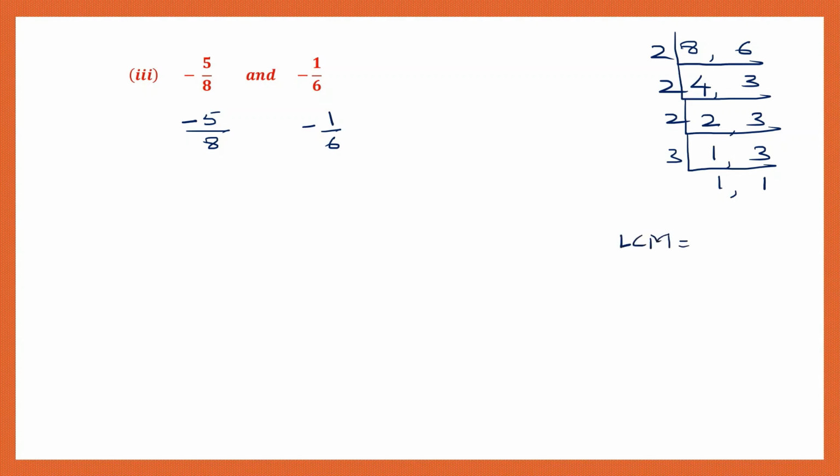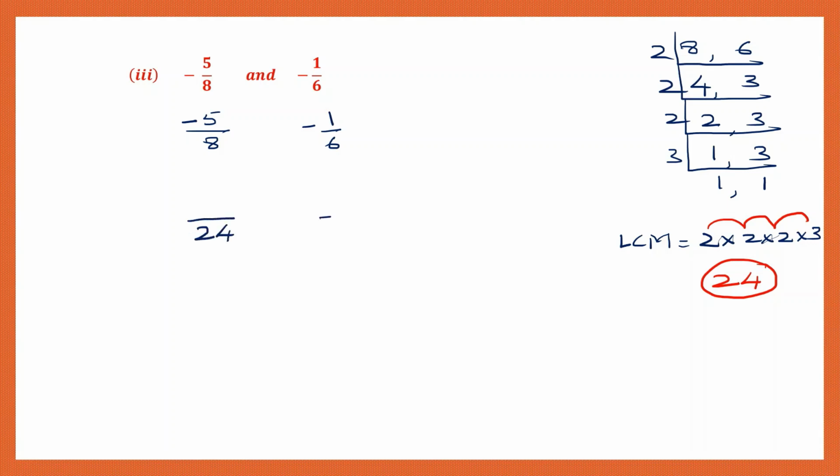We have 3 twos there. So 2 into 2 into 2 into 3. So what will that be? 2 twos are 4, 4 twos are 8, 8 threes are 24. So 24 is the LCM which we are going to use as the common denominator. So here minus 5 by 8, now the denominator will become 24.